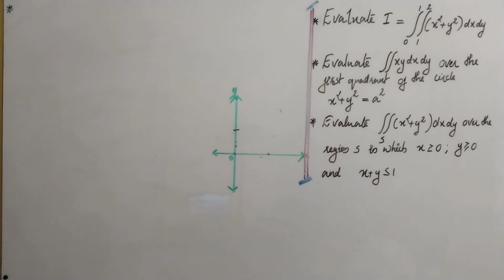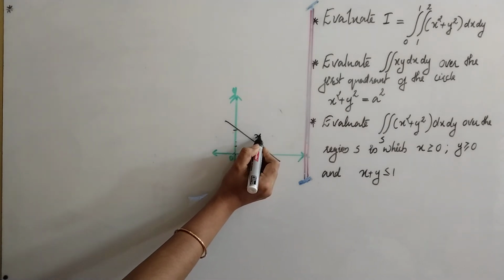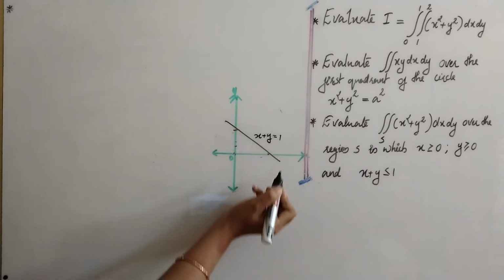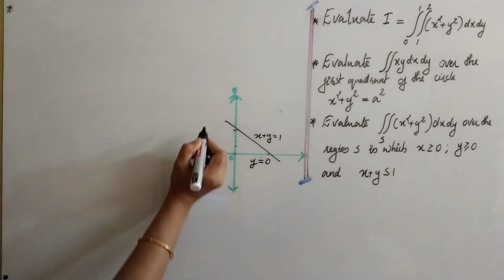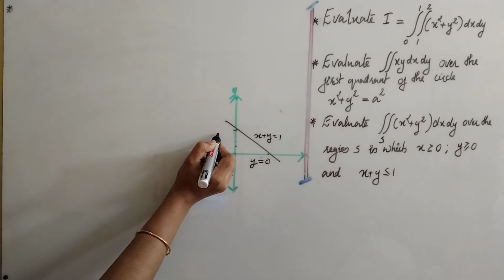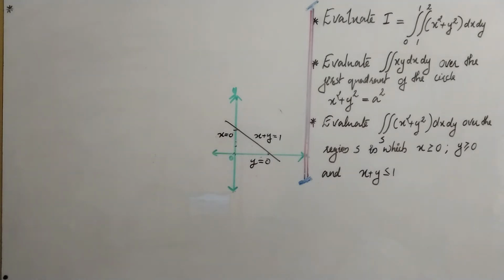In this case, first draw the line x plus y equal to 1. On the x-axis y is 0, and on the y-axis x is equal to 0, and x plus y equal to 1 is a straight line.